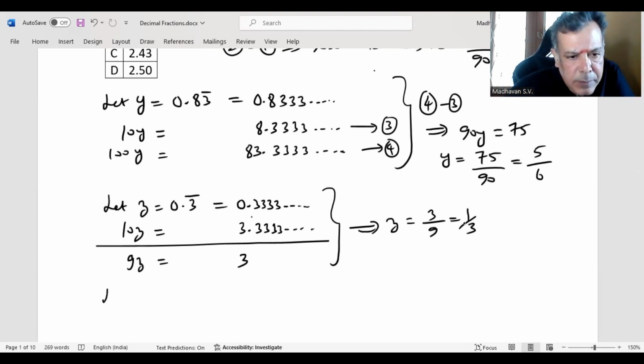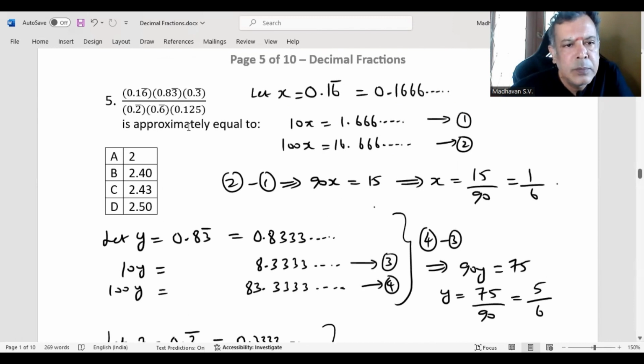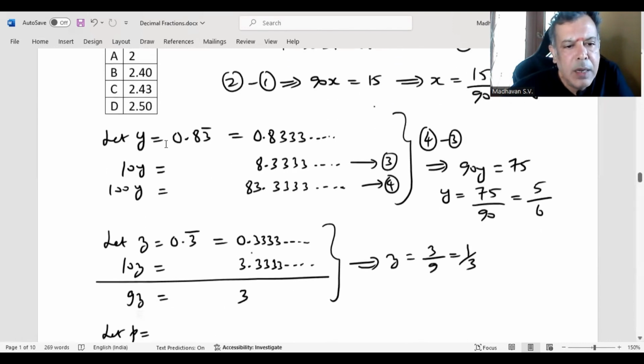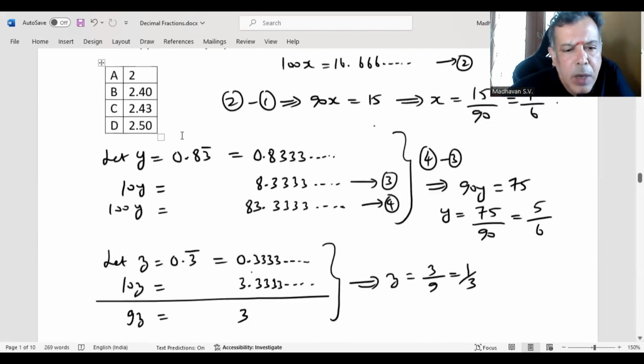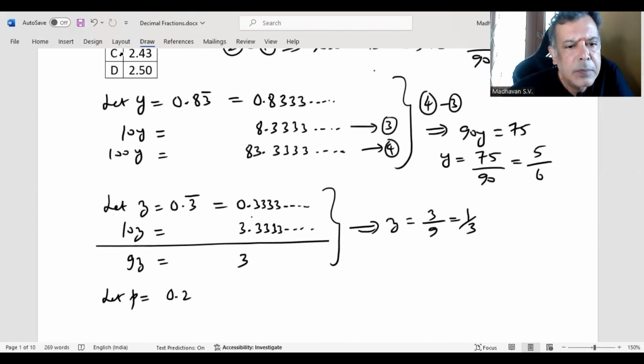Now let small p be 0.2 recurring, which is nothing but 0.2222. 10 times p will be 2.2222.